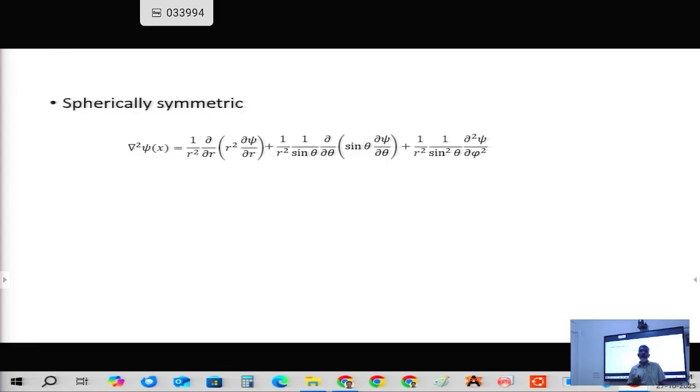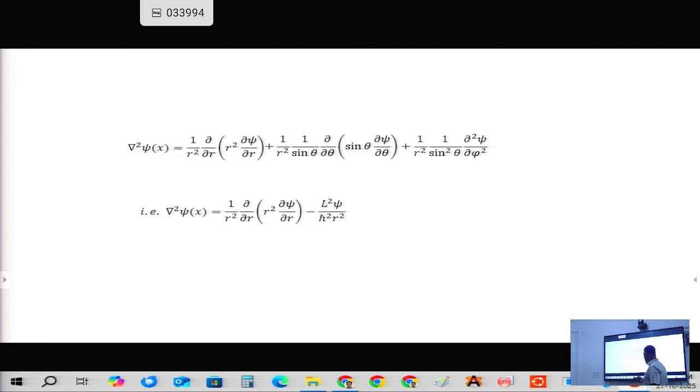We are doing it in terms of r, theta, phi because you have a nucleus with the electron moving around, and you can assume that it's spherically symmetric. The potential is spherically symmetric, which means it depends upon 1 by r. Okay. And what I'm going to do is simplify this.